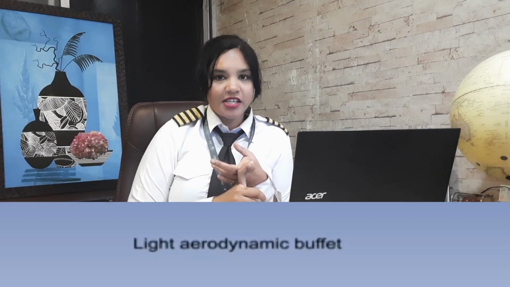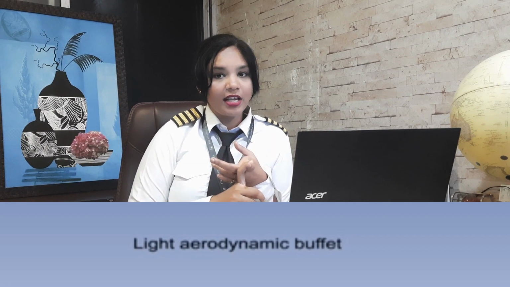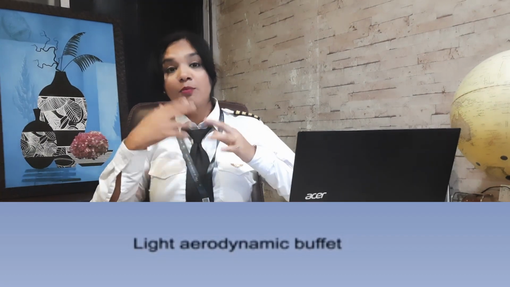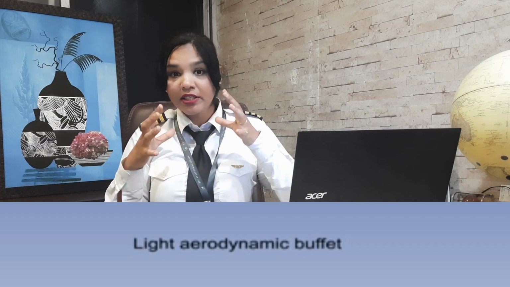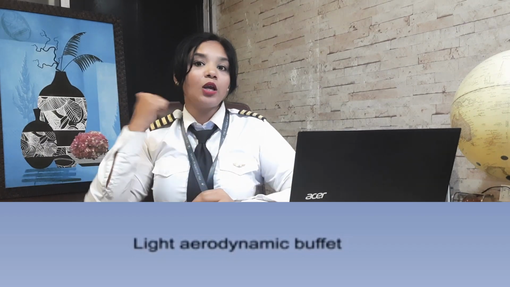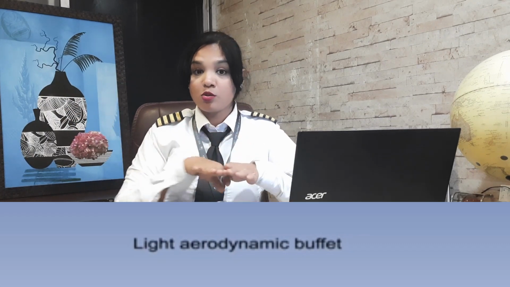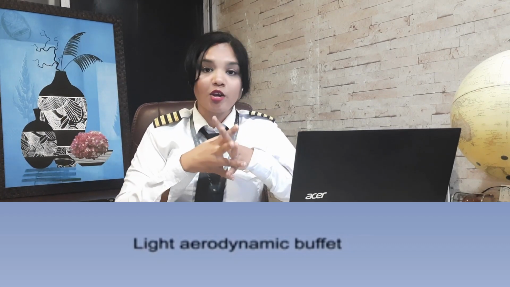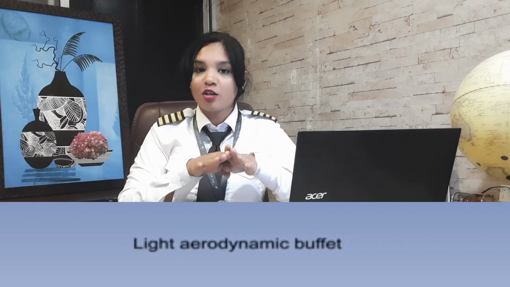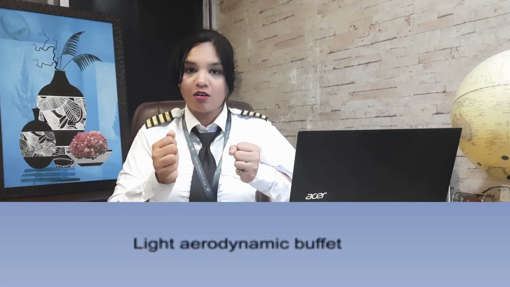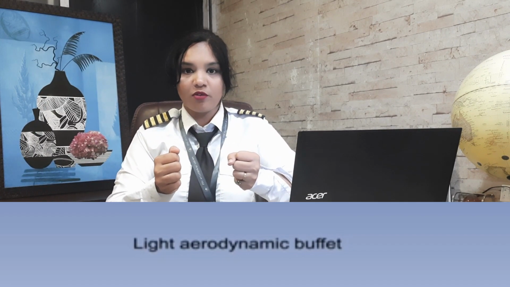Then light aerodynamic buffet. This means the turbulent airflow over the wing close to the stall hits your elevator, and the elevator starts to move, giving a light buffet on your control. Your control surface will be moving lightly like this.